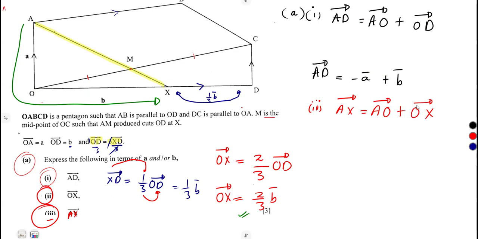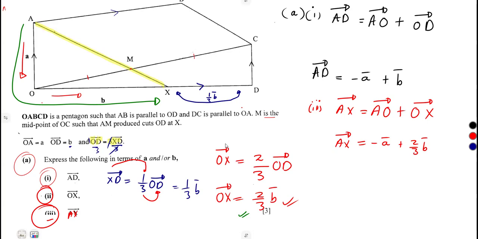Let us substitute. A to O, you're opposing the arrow here, so that's a negative. Plus OX, which we calculated, is in the same direction, and that's going to be a positive. So that was our vector AX.